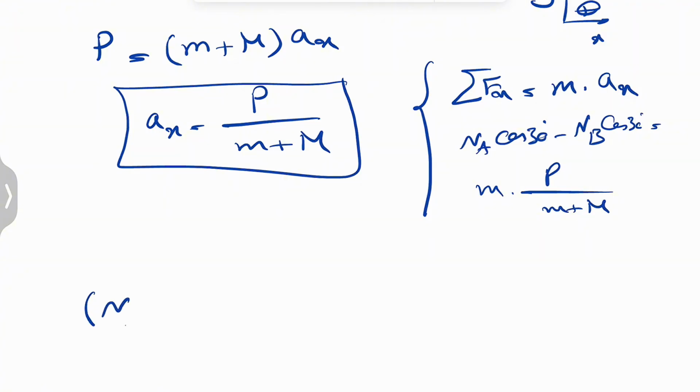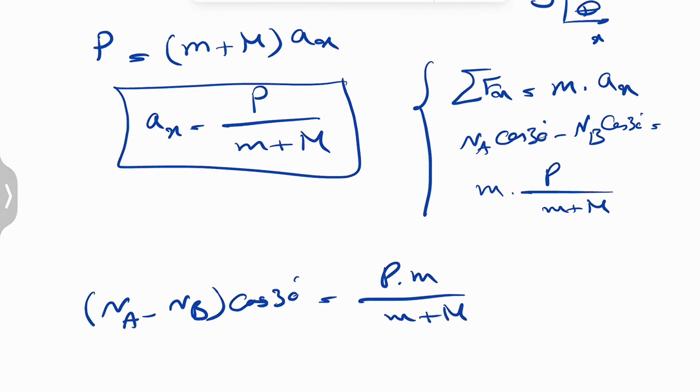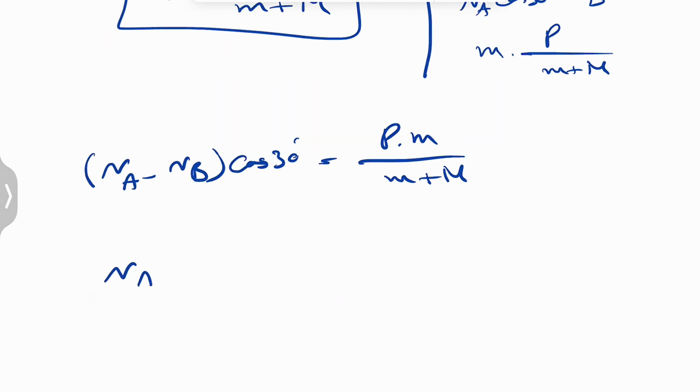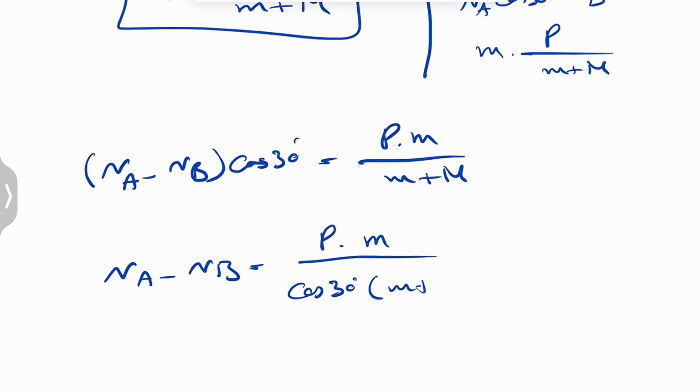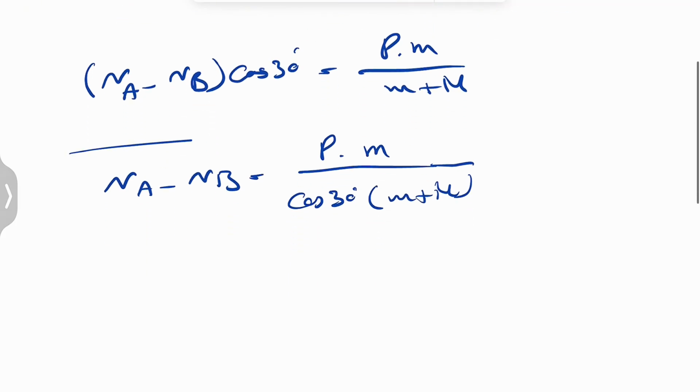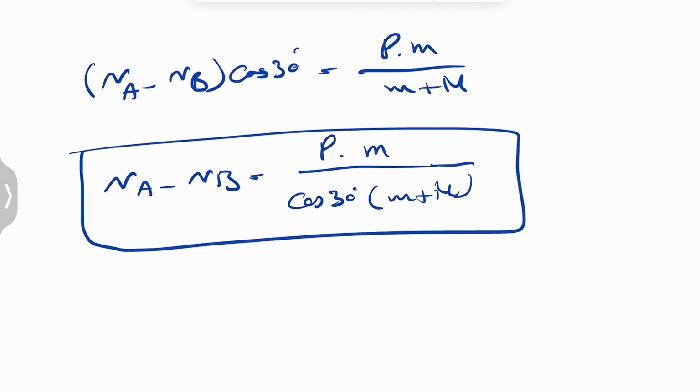So we're going to have NA minus NB times cosine of 30 degrees, equal to Pm over M plus m, and we can write it as NA minus NB is equal to P times m over cosine of 30 degrees times M plus m. So that's going to be our equation for the sum of all forces in x.